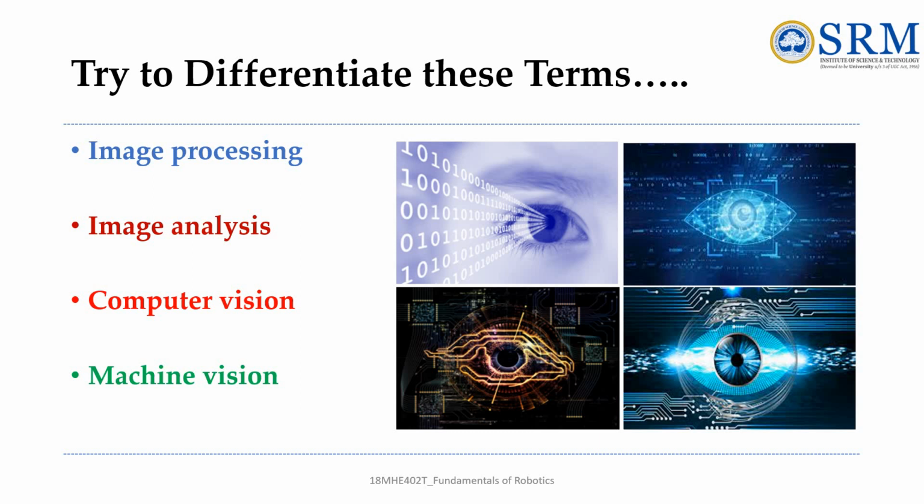So this is about carefully studying images to extract useful information or spot patterns and details. Next is computer vision. So think of it as giving computers the ability to see and make sense of the visual world, much like we do with our eyes. That is computer vision. And machine vision, this is all about teaching machines like robots to use their eyes, that is here in case of robots it's cameras, to understand and interact with their surroundings effectively.